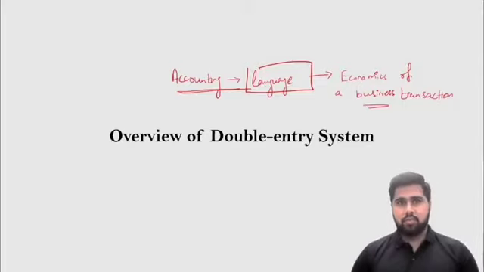You have the bank loan, you have raising equity through shares, raising cash through issuance of shares. And you've probably studied this before as well, that shares are of different types, ordinary shares, preference shares. That's something we'll look at later on as well. But the point is, there are a lot of business transactions that you can think of right now, correct?